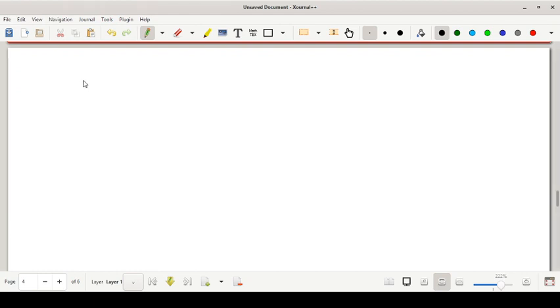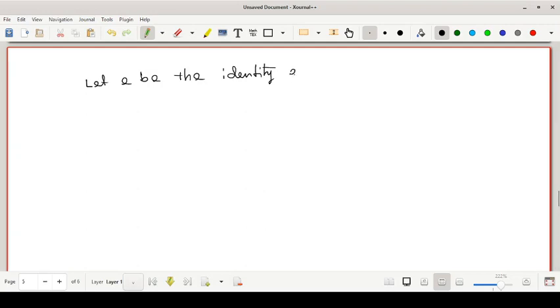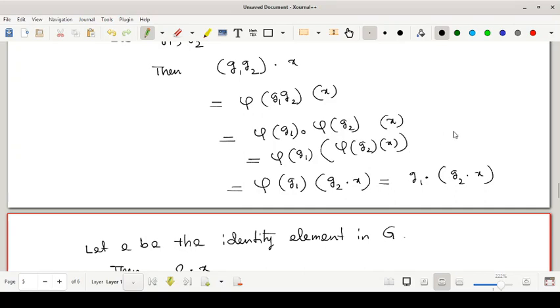Second condition. So let e be the identity element in G. Then what is e dot x? By definition, this is phi of e of x.